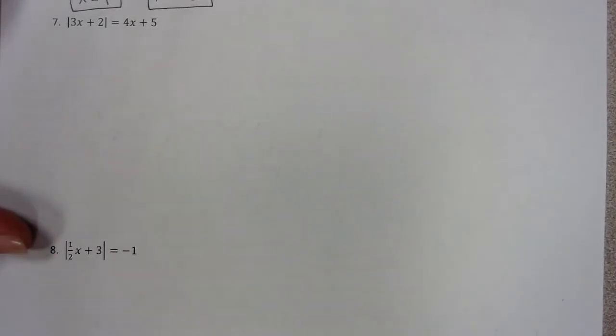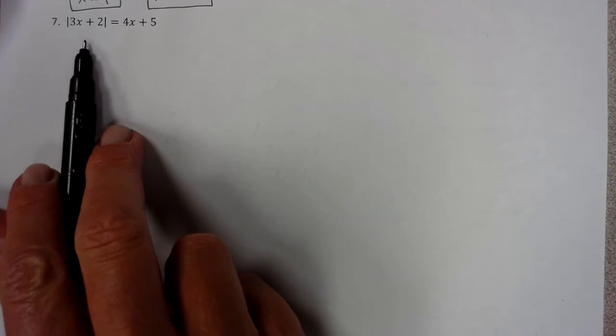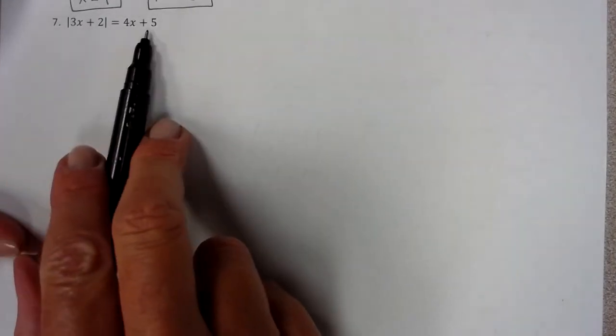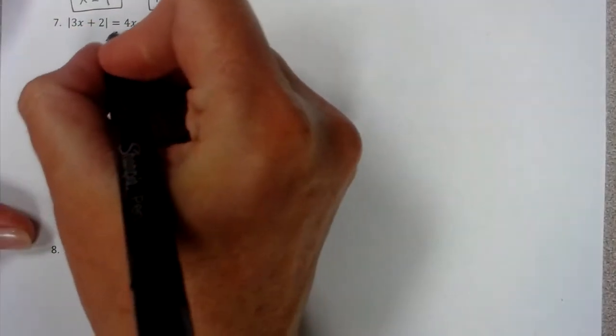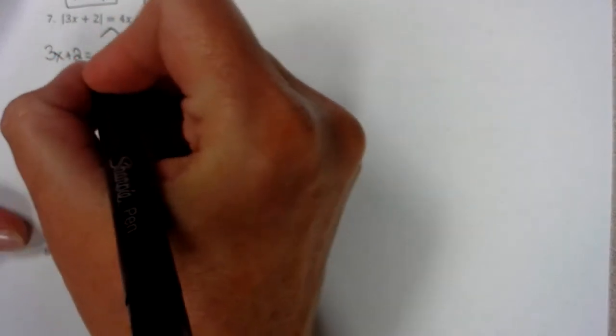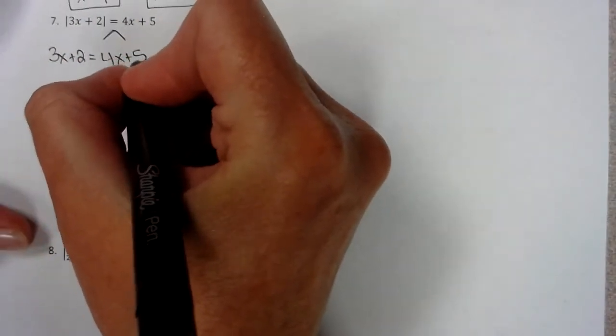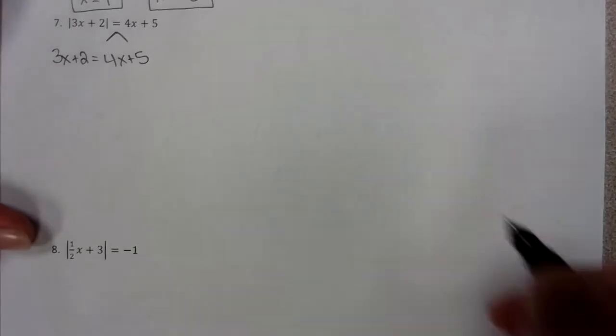Next example. So I have the absolute value. It is isolated. The absolute value equals 4x plus 5. So I need to write my two equations. So 3x plus 2 equals 4x plus 5.